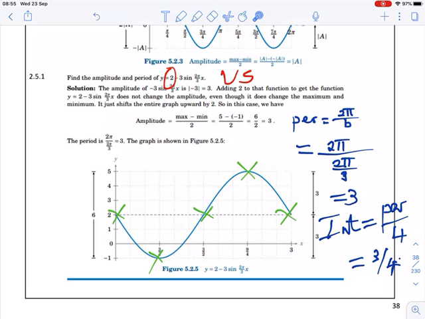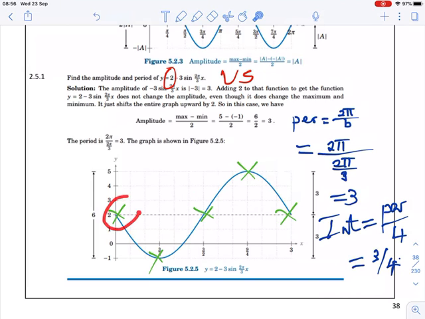Now, remember, sine, we said always starts at the central position. So it should start at the 2. I said not on the x-axis, at the central position. So it should start at 2. Now, another important thing, this was negative sine. It was -3.